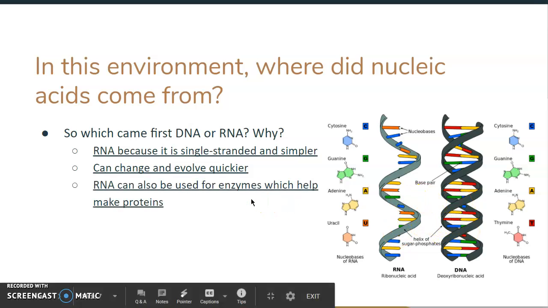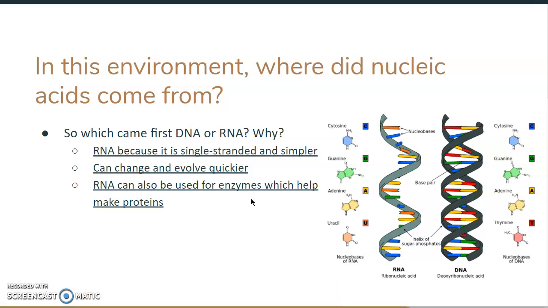RNA, a really important part, can also be used for enzymes, which help make proteins. So RNA especially is not only an information carrier, but it can be used to help make proteins, which is crucial for figuring out where proteins came from.